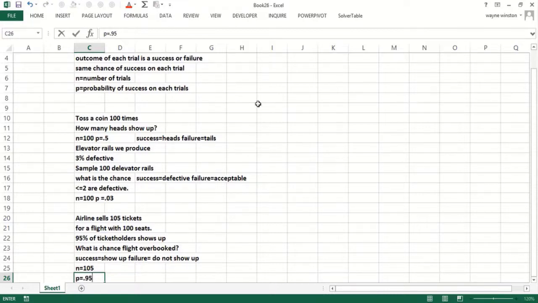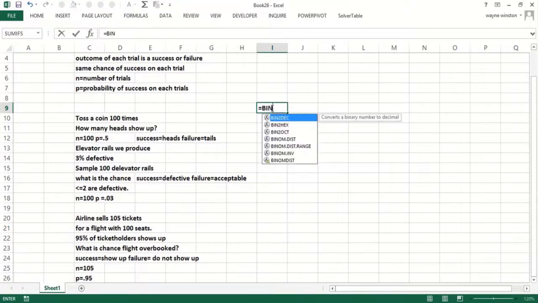Okay, so the two functions we can use to find binomial probabilities: if I start typing here, Binom.DIST comes up.